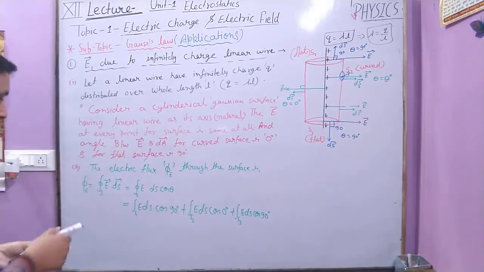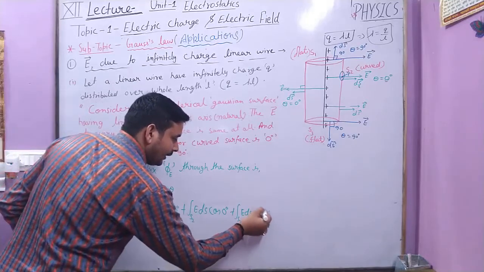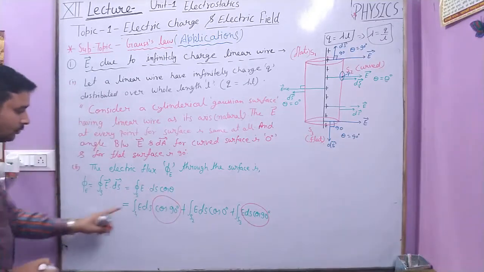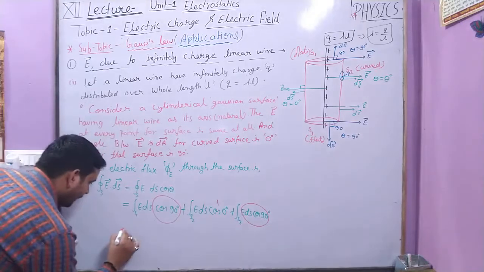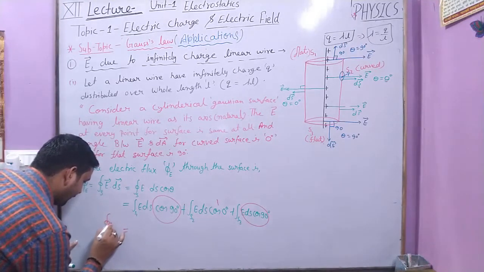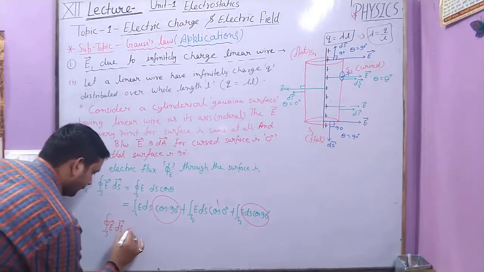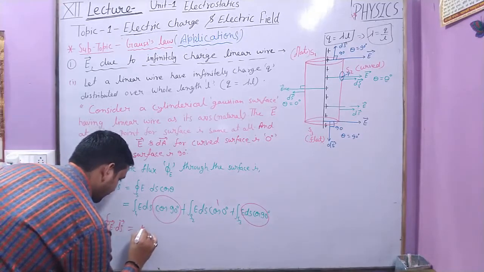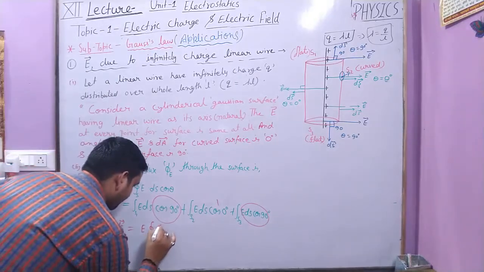Okay, as you observe here, the value of cos 90 is 0. So these two values become 0 and this is 1. Therefore, the closed integral vector E ds is equal to E ds.